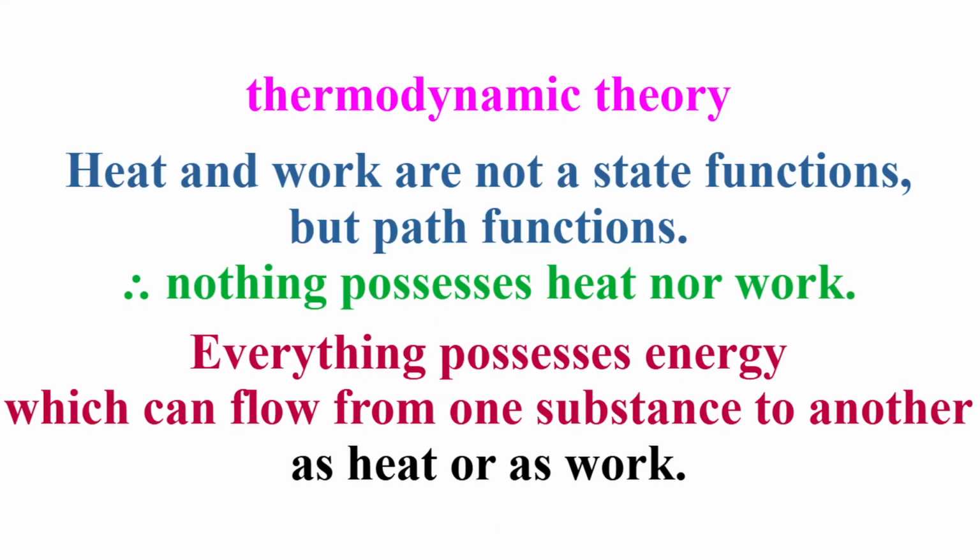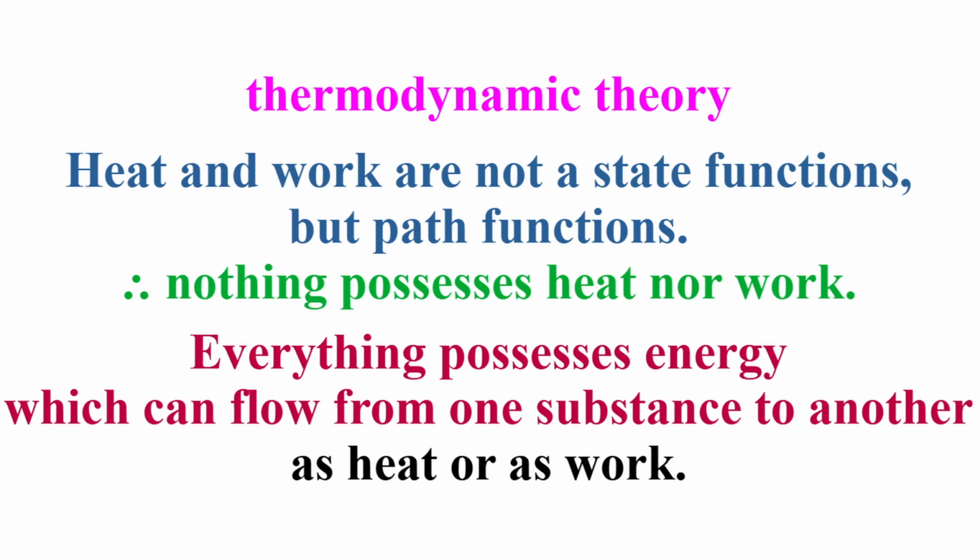As per thermodynamic theory, which replaced caloric theory, as was mentioned in part 3, nothing possesses heat or work, as either is not a state function, and everything possesses energy which can flow from one substance to another, either as heat or as work.